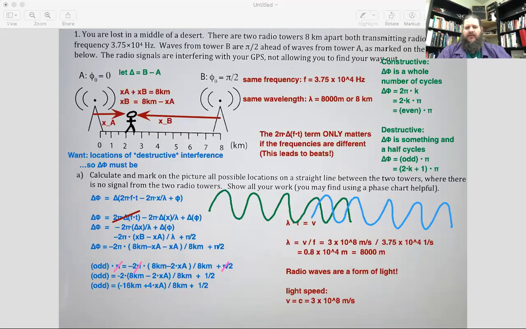And what else do we still need to do to isolate XA here? Do we need to divide by 4? Eventually, yes, but work your way from the outside: in this mathematical expression, in terms of order of operations, what's the last thing being done?